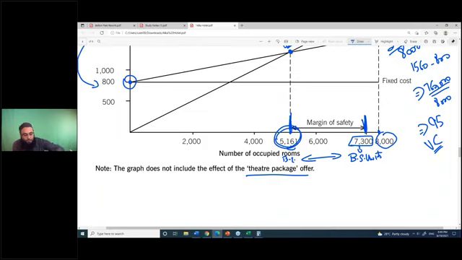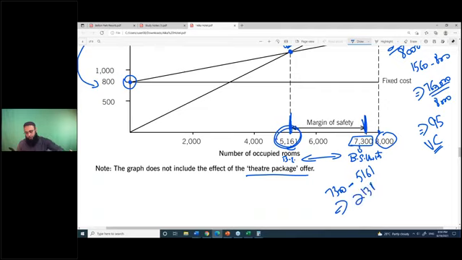Okay, so if you work out the MOS, if you work out the margin of safety, keeping in mind your budgeted units, so let's see what is the answer of MOS here. 7,300 minus 5,161.